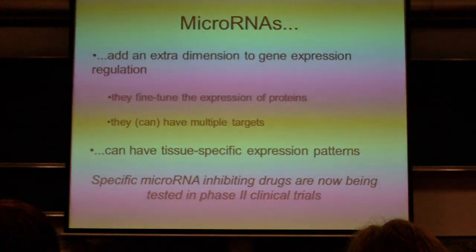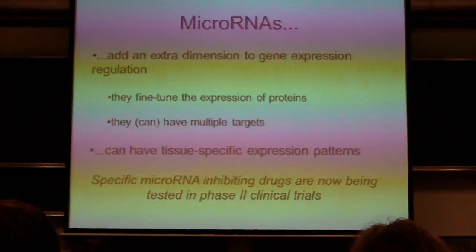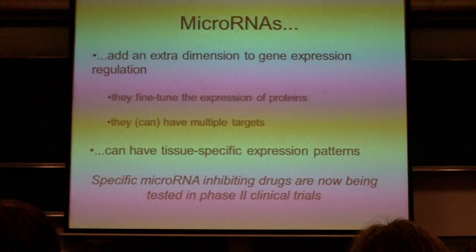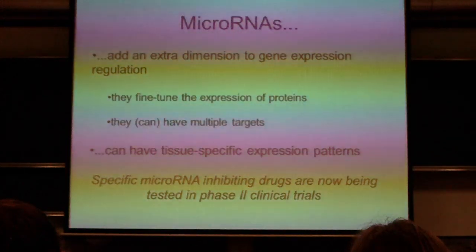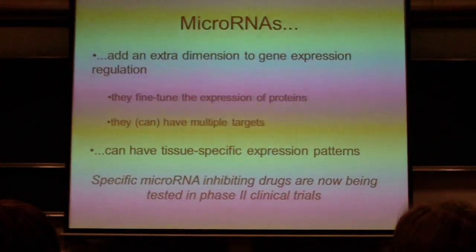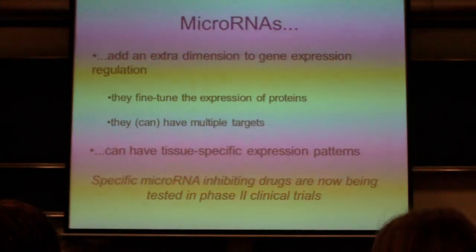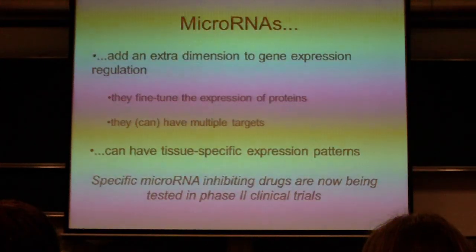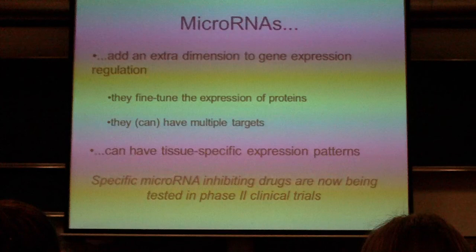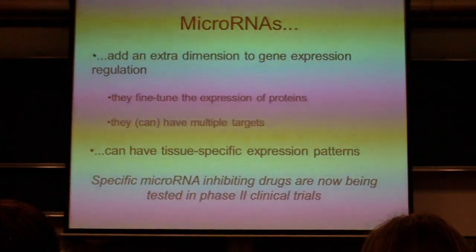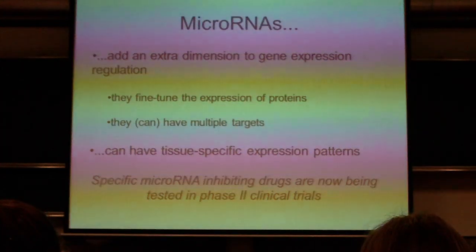So in that sense, it's not easy to get a full understanding of the target repertoire of a microRNA in a certain cell type without doing large-scale pull-down assays and then doing microarray studies. And even then, it's very, very difficult.